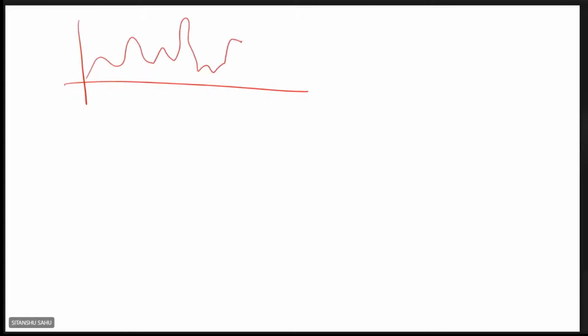Okay. So suppose there is a composite signal. The signal looks like this. So this is the sinusoidal signal over time T. It is composed of 3 sinusoidal components with frequencies f1, suppose 10 hertz, then 20 hertz, then 50 hertz.